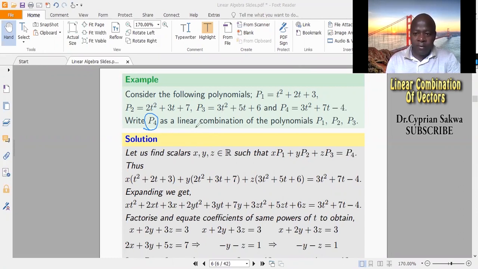Just as we've already discussed, for us to write P4 as a linear combination of the other vectors, we need to see if we can find scalars x, y, z such that x times P1 plus y times P2 plus z times P3 gives us P4.